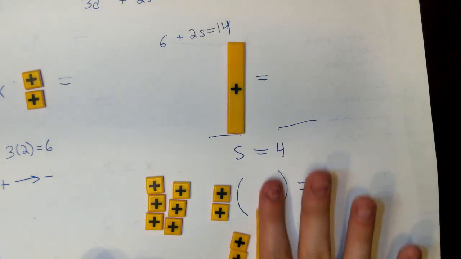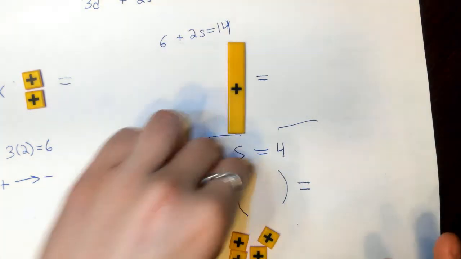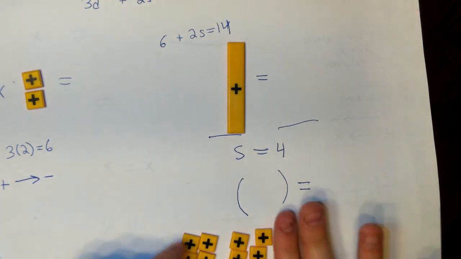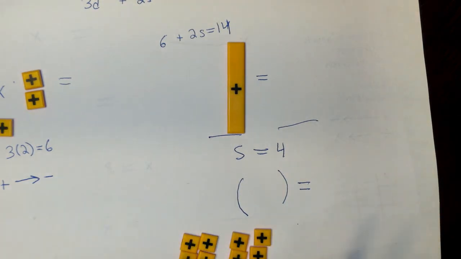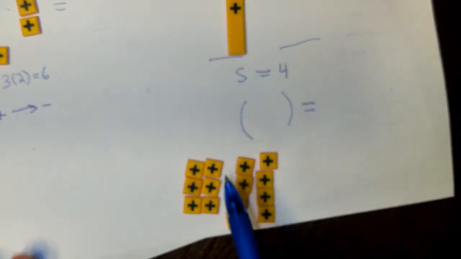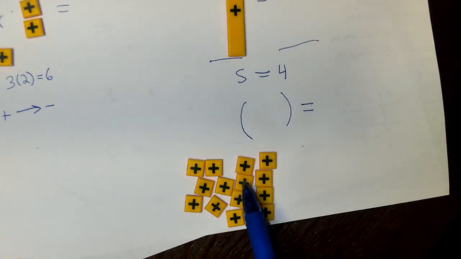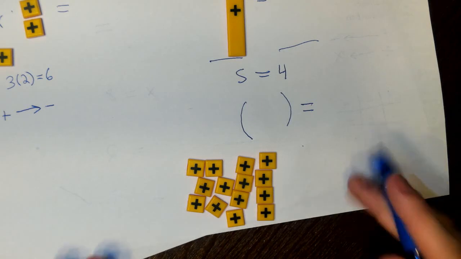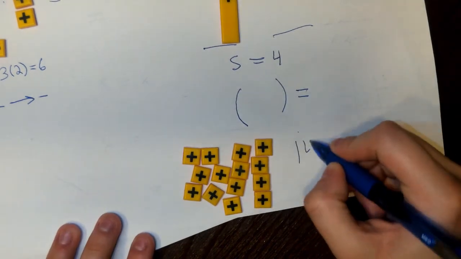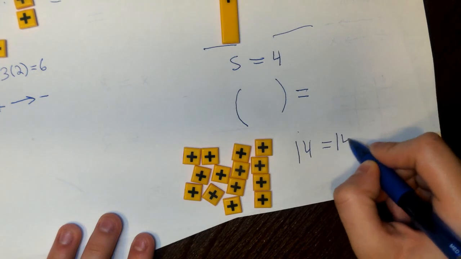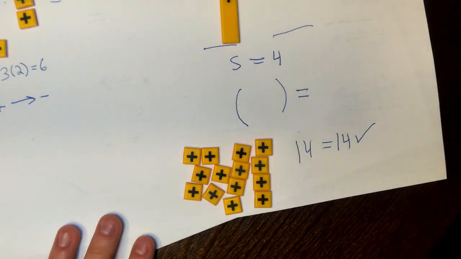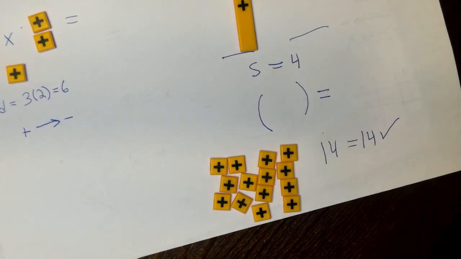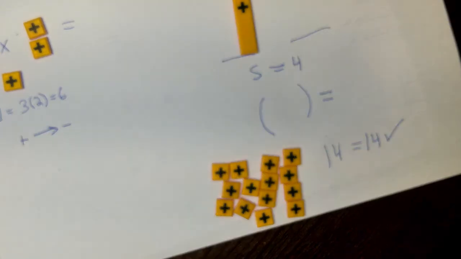We can represent this down here. These two go away, and we drop down. And how many tiles do we have? 1, 2, 3, 4, 5, 6, 7, 8, 9, 10, 11, 12, 13, 14. So we end up with 14 equals 14. So our answer is correct. And that is how we model solving 1- and 2-step equations with algebra tiles.